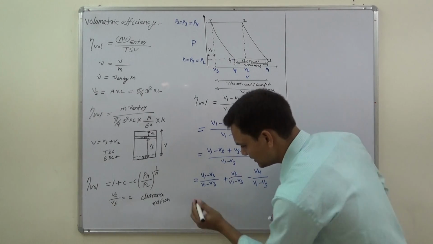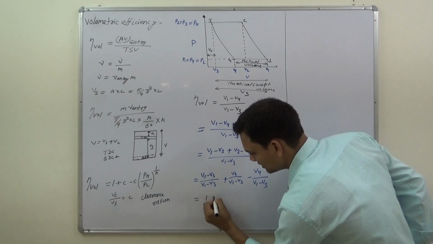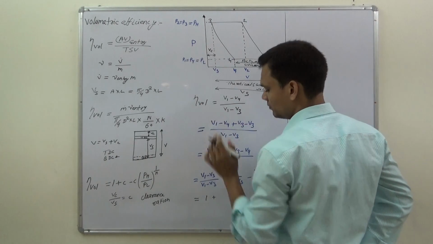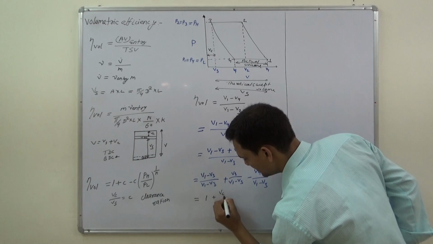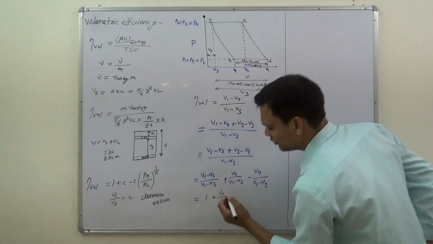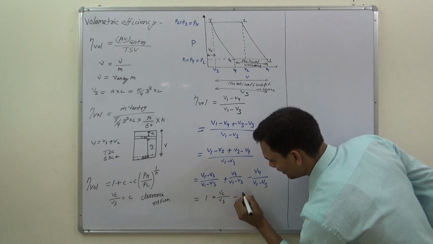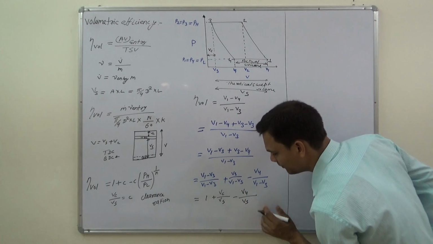The remaining term is 1 plus V3 by the swept volume. V3 is Vc, and V1 minus V3 will be equal to swept volume. So we can write 1 plus Vc by Vs minus V4 by V1 minus V3, which is swept volume.